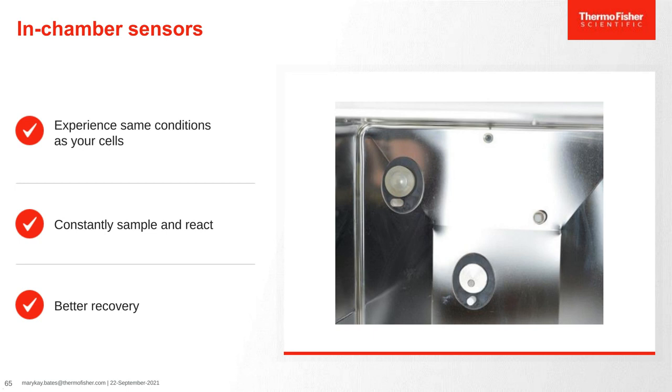They continuously sample and react and adjust the conditions so that your cells are in their ideal conditions as much as possible, and they provide better recovery. Now, that may seem pretty expected for an incubator, but I will tell you that not every incubator includes sensors in the chamber. They might be present in a design where samples of air from the chamber are removed and passed to the sensor outside the incubator chamber.